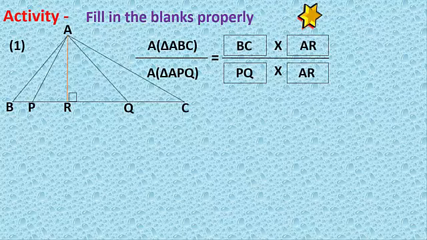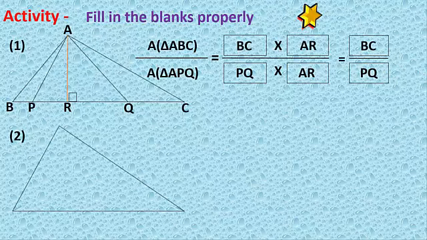That is AR, is equal to, first bracket divided by second bracket. Here AR gets cancelled. In numerator, which value we get? BC we get here, and in denominator, that is PQ.